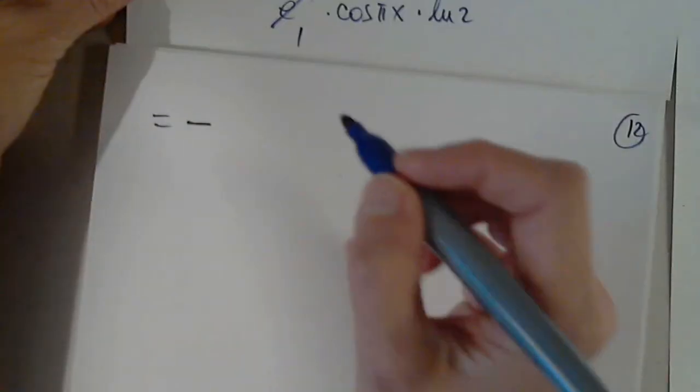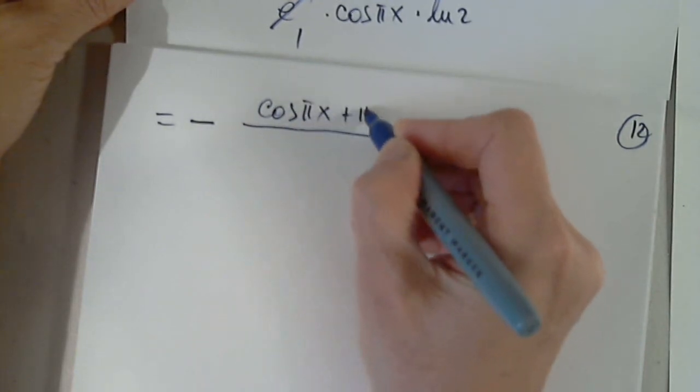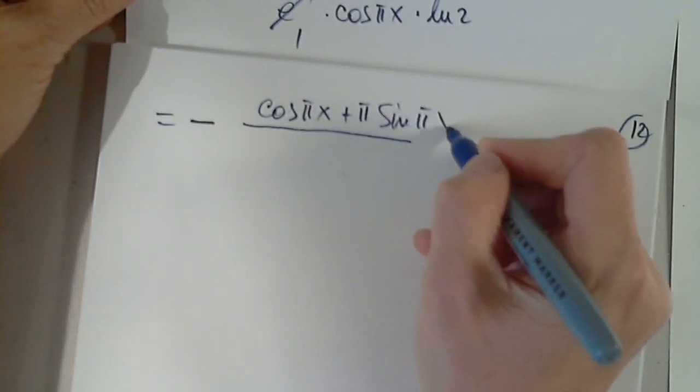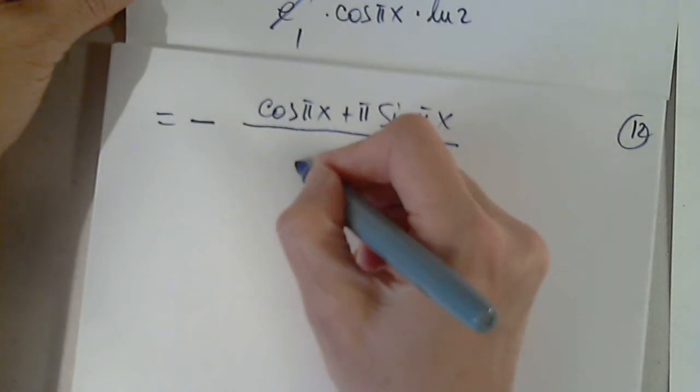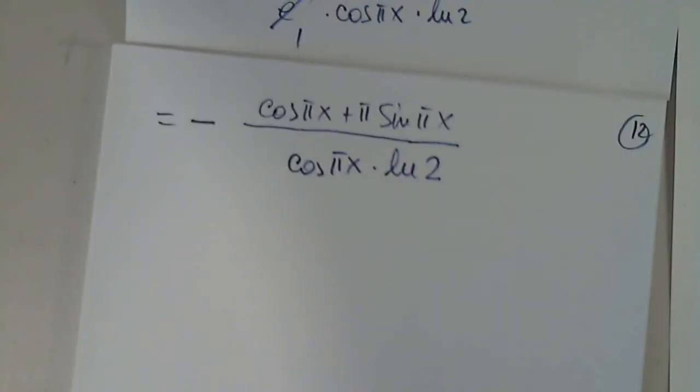So minus in front of the fraction line, the top cosine pi x plus pi sine pi x, and the denominator cosine pi x times natural log 2. Do we need to look at another logarithmic differentiation?